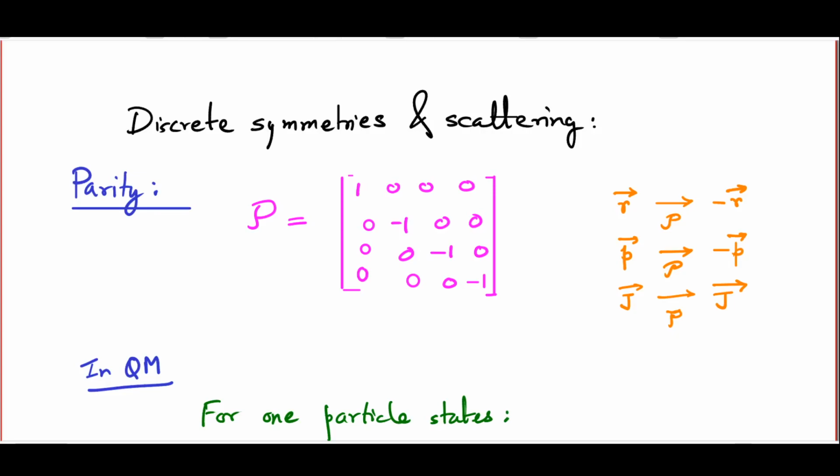As can be easily figured out, the most immediate consequence of the parity operation is that the position vector r goes to -r, and since t stays the same, this immediately means v, the velocity, also changes sign.